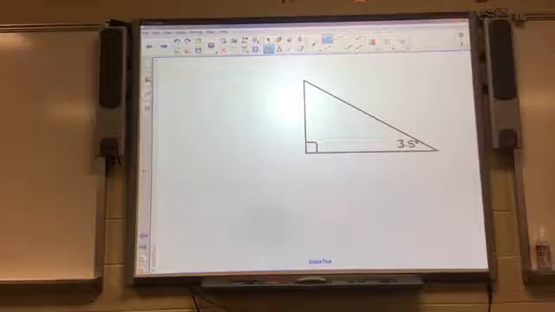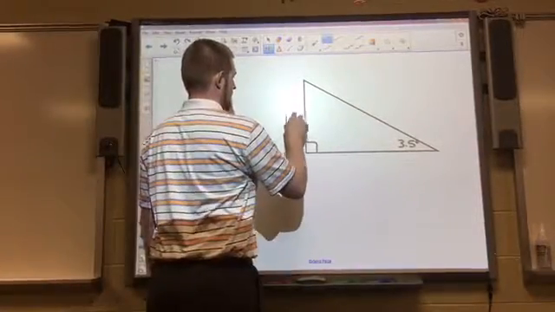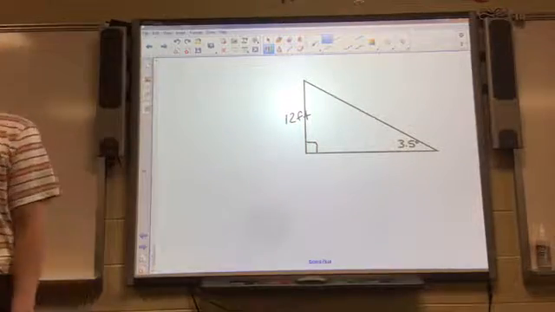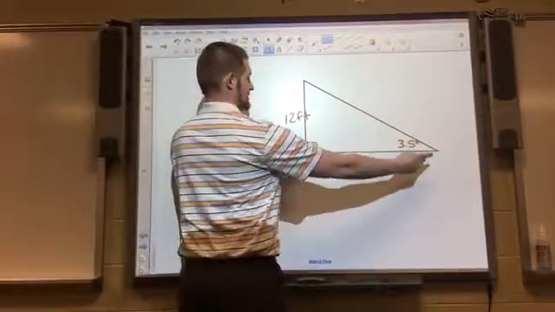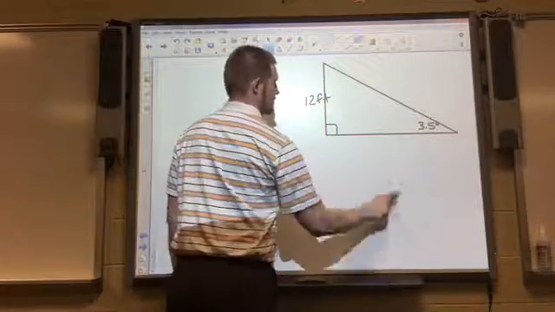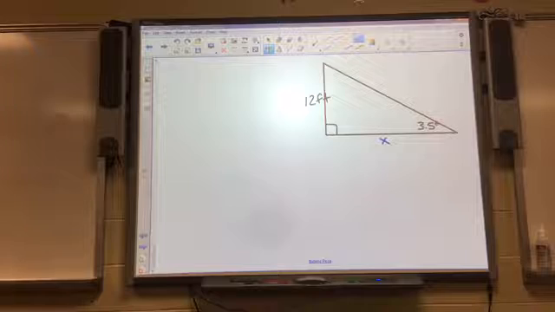The driveway over the whole length rises 12 feet. Pretty tall driveway, right? But it's obviously not very steep with 3.5 degrees. So we got to figure out how long this driveway is. So I want to figure out this side, correct?